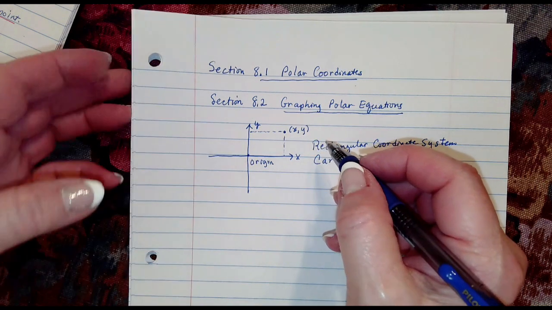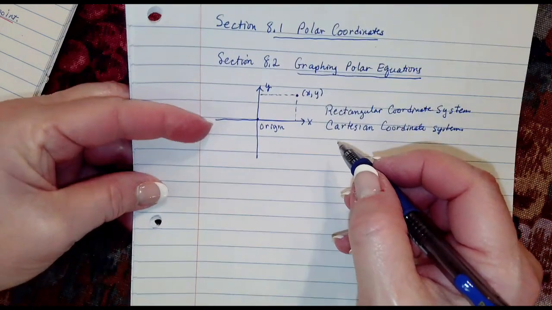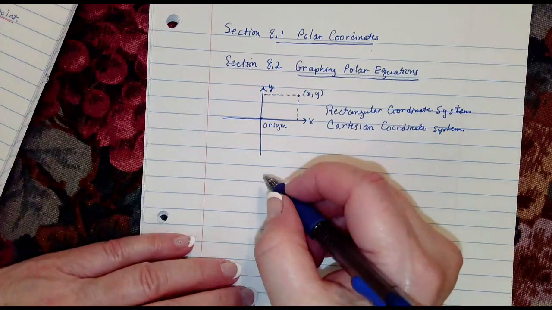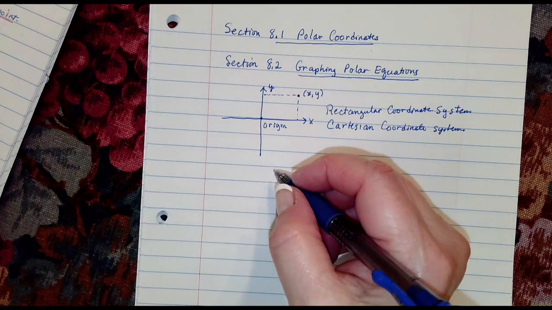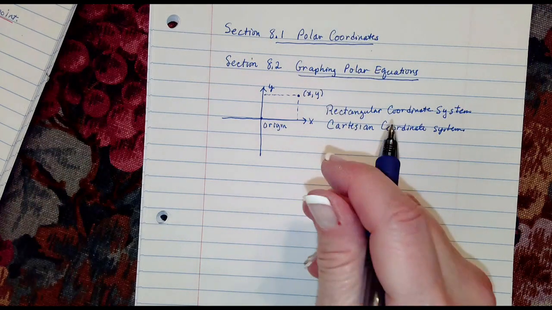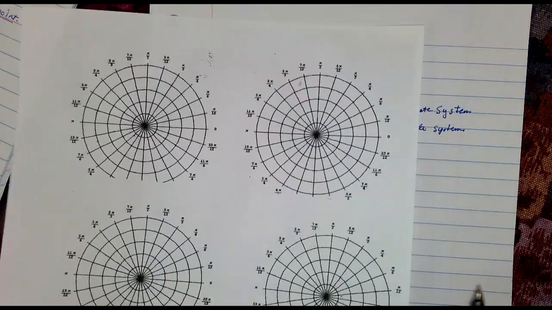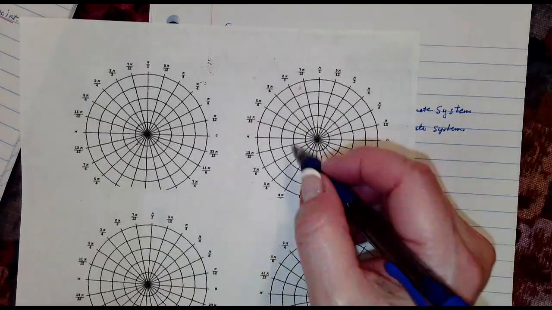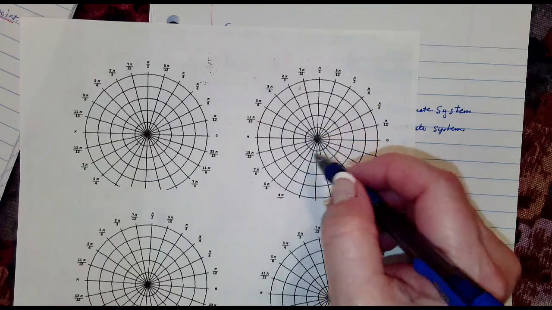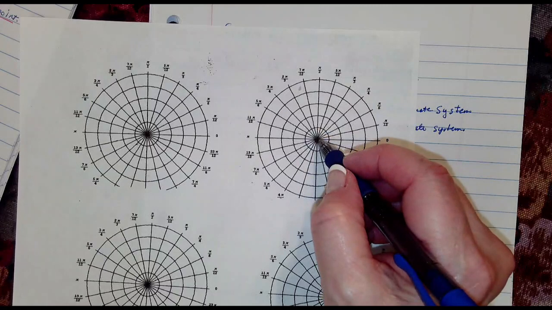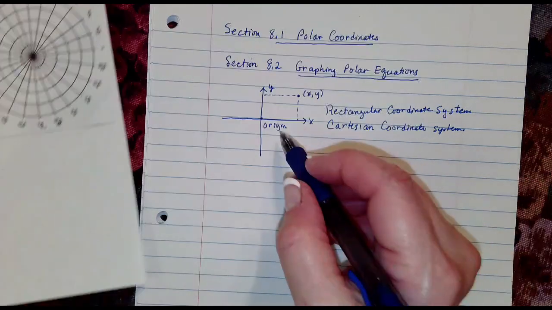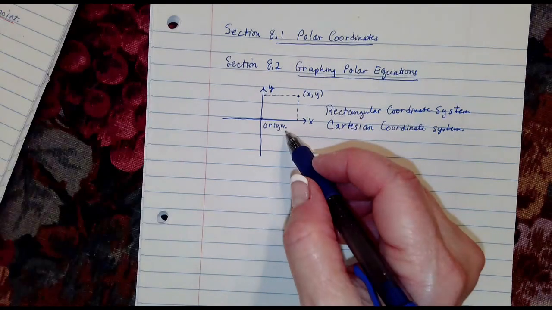But as you've seen in the classroom, there's another kind of coordinate system, and we call it the polar coordinate system. So I'm going to bring some over and let you see. When we're talking about a polar coordinate system, we're talking about a graph that looks like this. There's a different way of finding an ordered pair on here than on a rectangular one. We'll come to that in a minute.